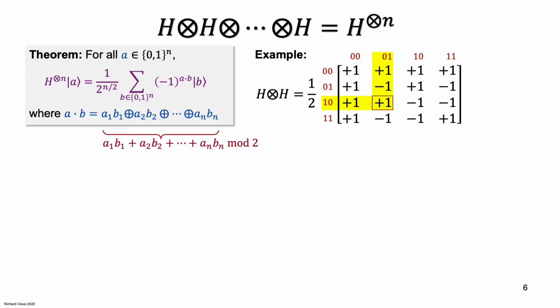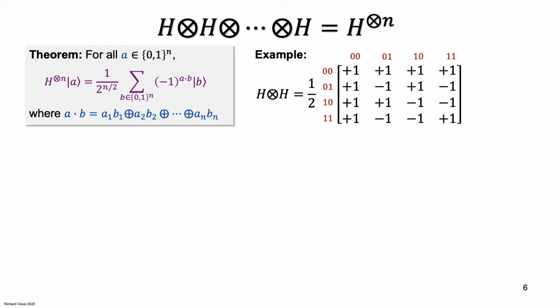The dot product of 1, 0 and 0, 1 is 0. So the entry is -1 to the 0, which is +1. Now look at the entry in this red box, which is in row 1, 0 and column 1, 0. The dot product of 1, 0 and 1, 0 is 1. So the entry is -1 to the 1, which is -1.